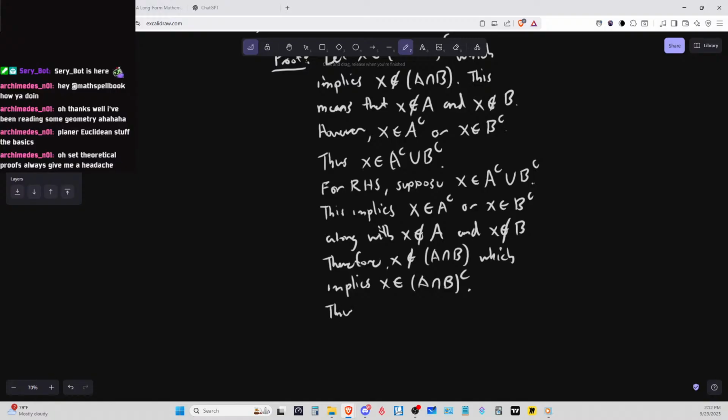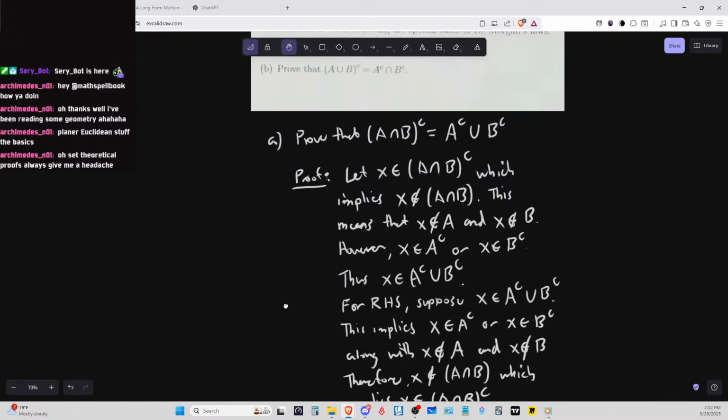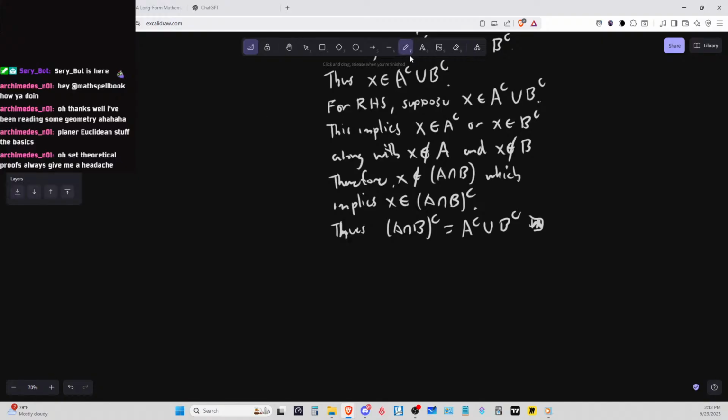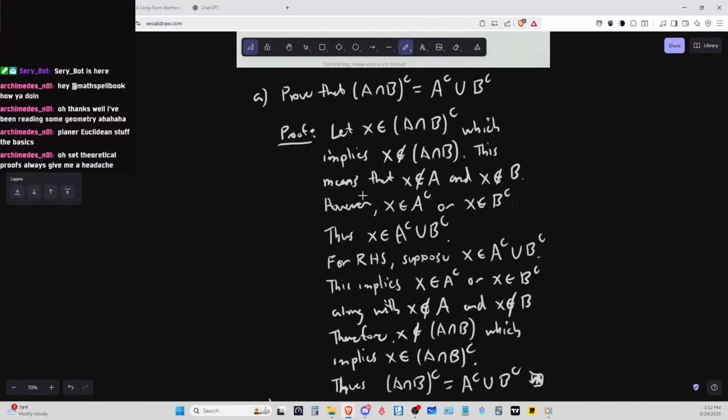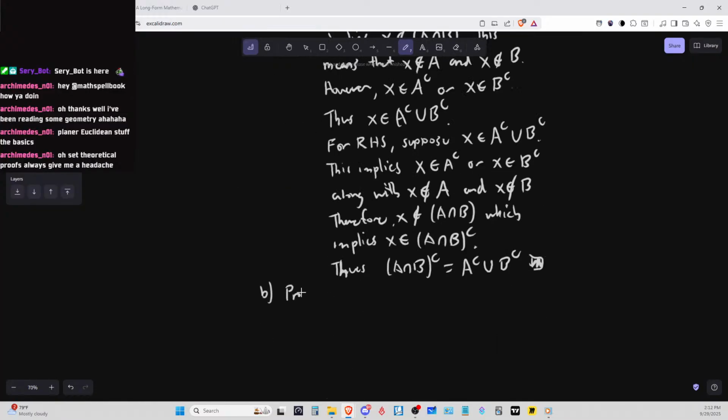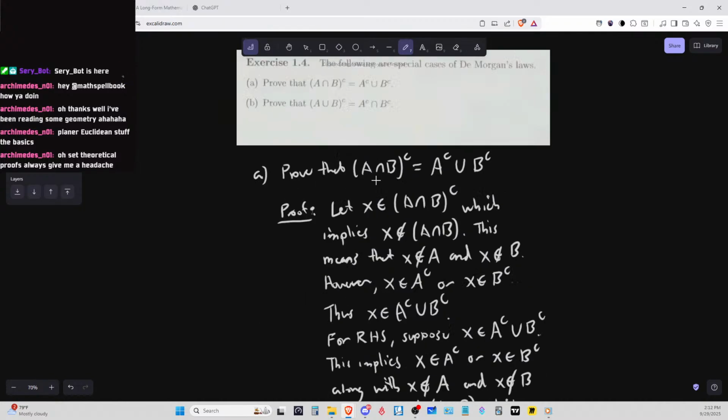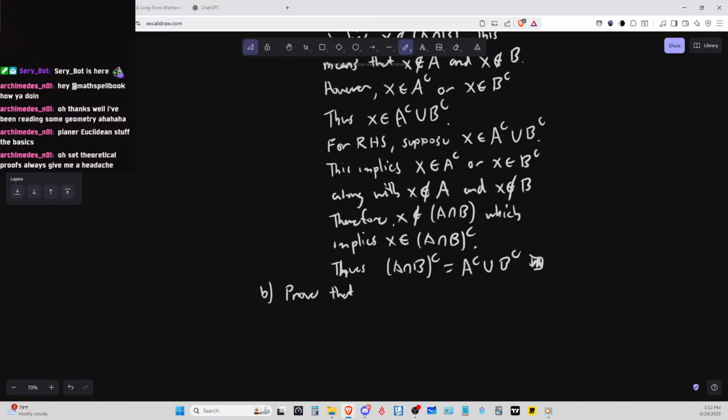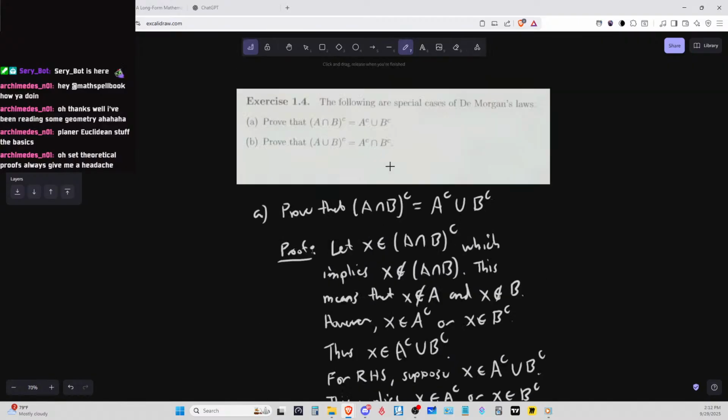Thus, that's the proof. Okay, I think we gotta do part B. But I think I'm getting the hang of those type of proofs. If there's any errors in my proofs, please let me know, guys, because the better I get at proof writing, the more exploration we can do.